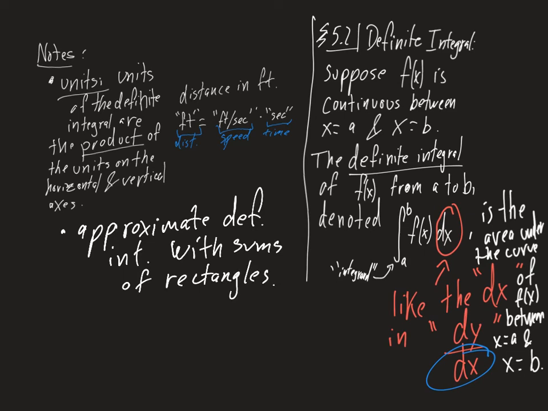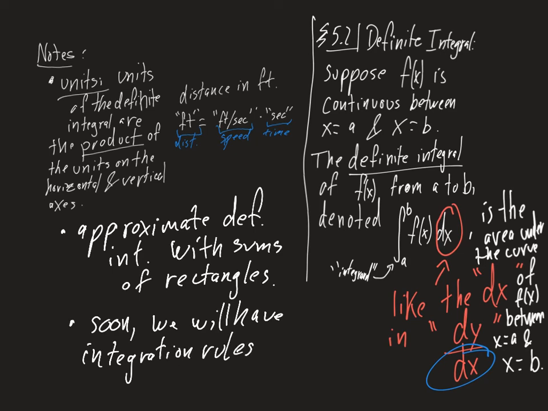And this is very similar to the way that we approximated the value of the derivative early on by taking the slopes of lines that went through 2 points, getting perhaps closer and closer together. But very soon, in fact probably next lecture, we will have integration rules, which we can use as shortcuts.